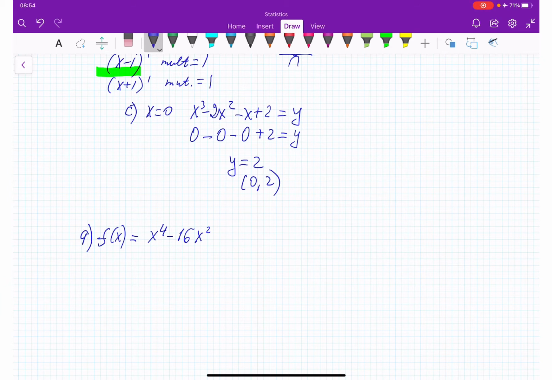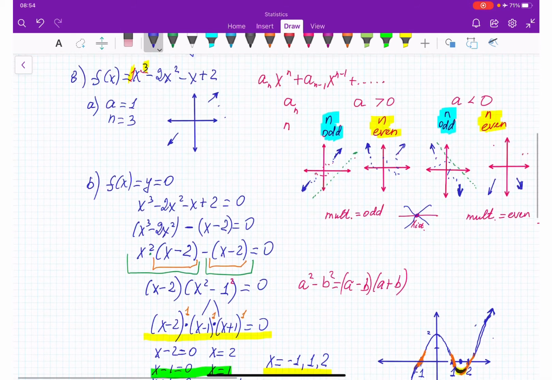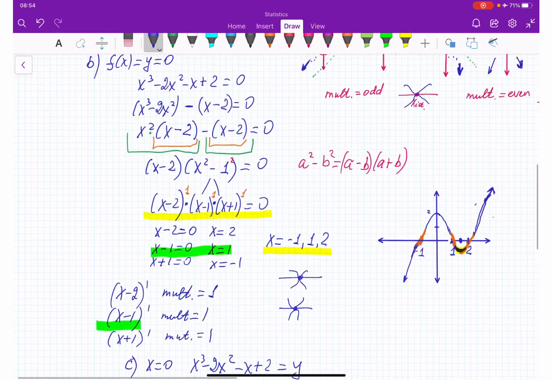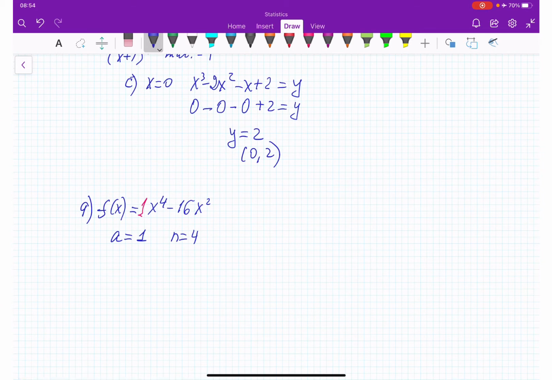Our a is equal to 1, right? Here it is. The highest degree is 4, so the coefficient is going to be our a, and our n is equal to 4. The coefficient a here is positive, and n is even, 4, which means both ends are going to go up. So those are going to be the end behavior of this graph.